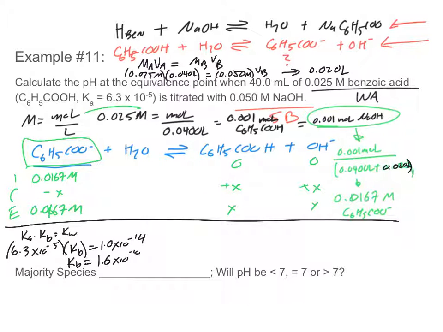So that's our Kb. Now I'm going to write my Kb expression, which would be the concentration of C6H5COOH times OH minus over the benzoate ion.